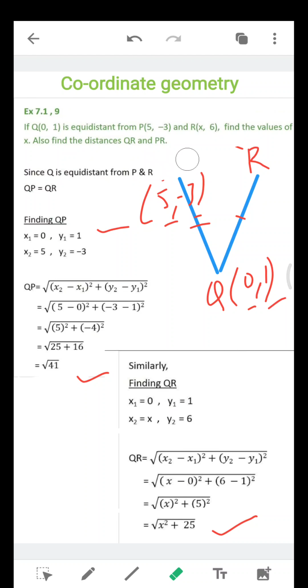Now the next part is, after finding the value of x, he's asking you to find the distance QR and PR also. So he's asking you to find both the distances.